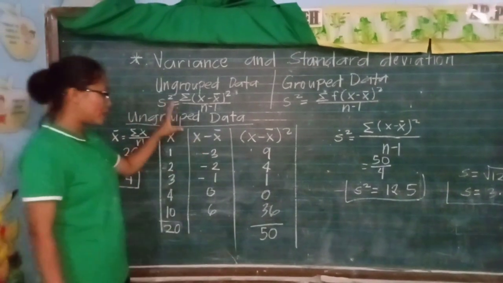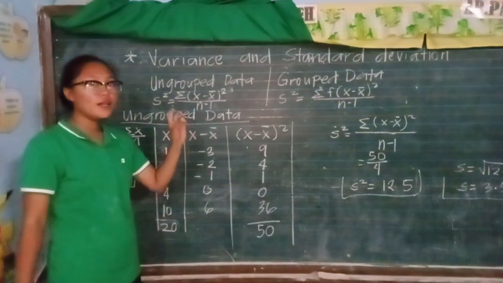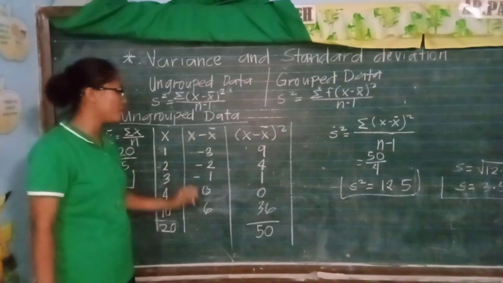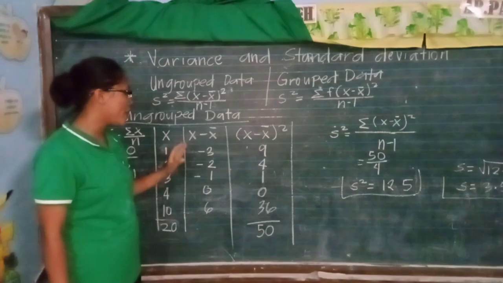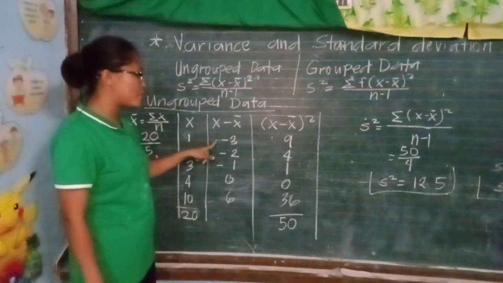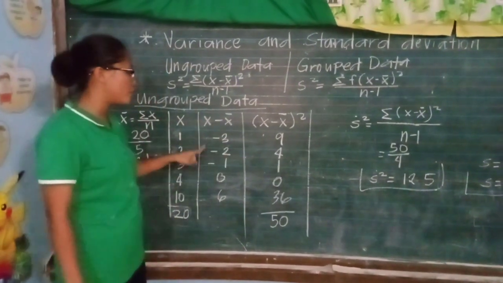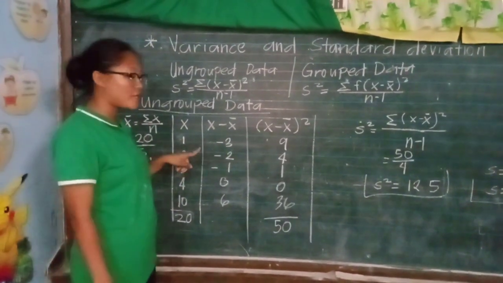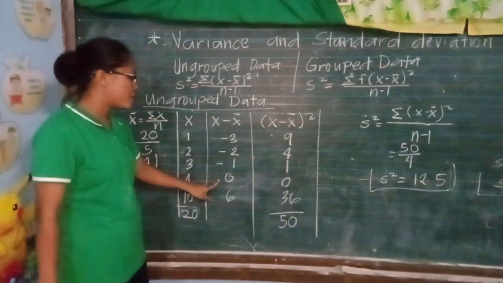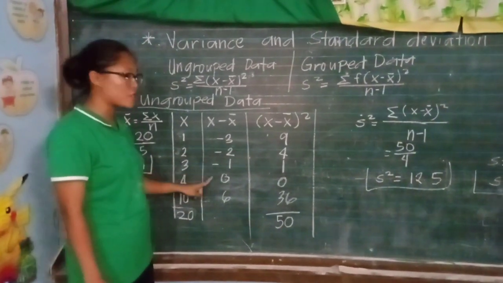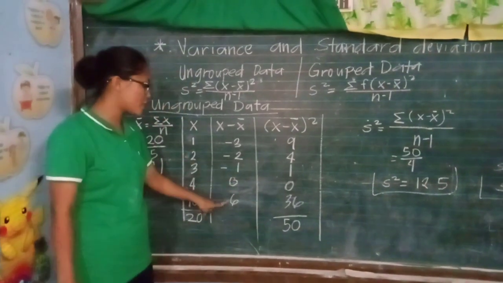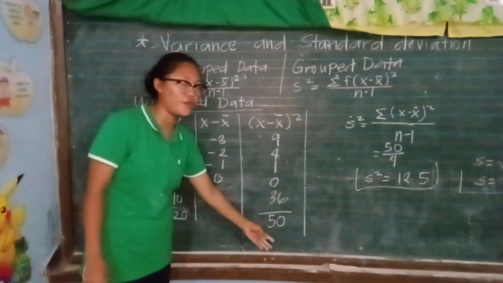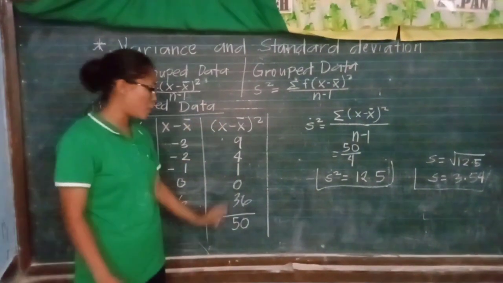To avoid negative here, we will multiply the second column by itself, and that will be negative 3 times negative 3 is 9, negative 2 times negative 2 is 4, negative 1 times negative 1 is 1, 0 times 0 is 0, 6 times 6 is 36, and the total number is 50. Our total in this column is 50.